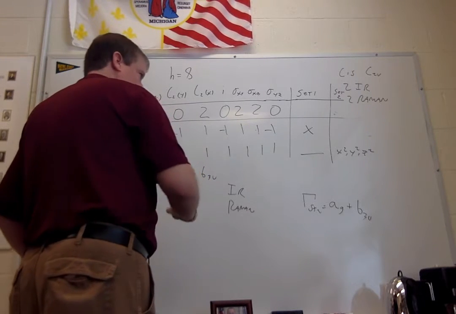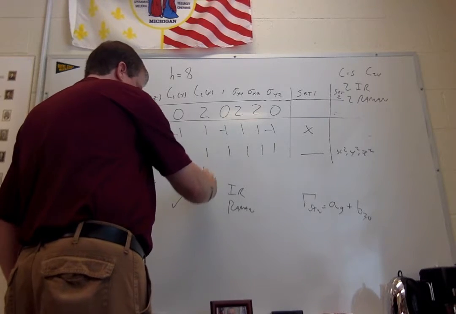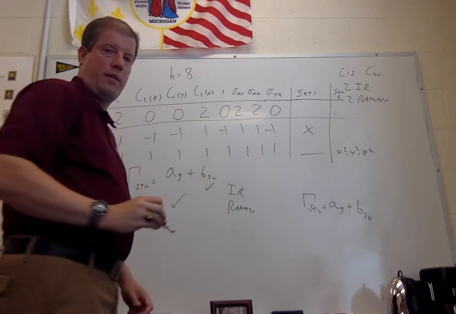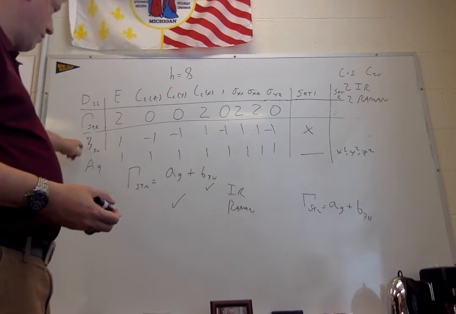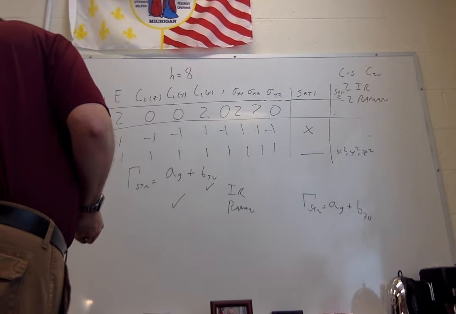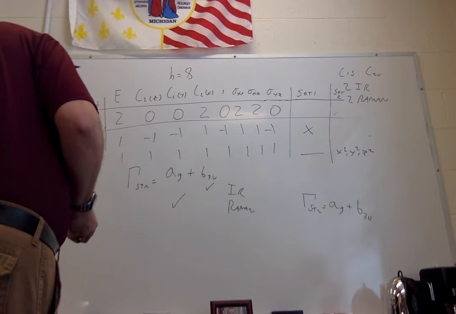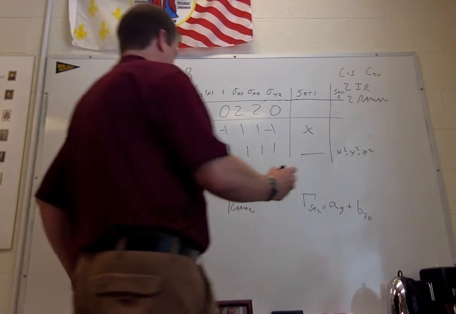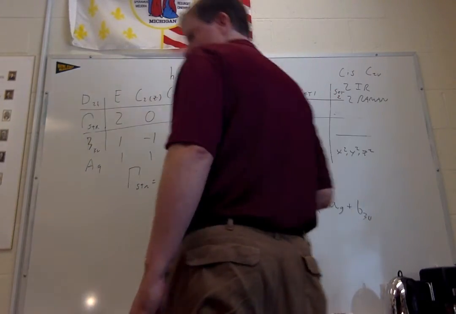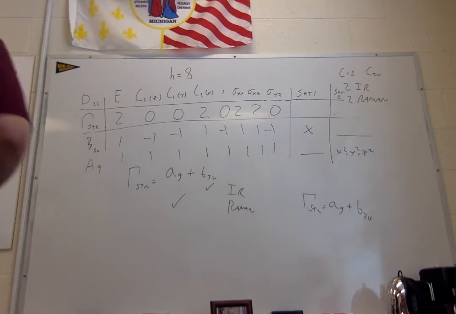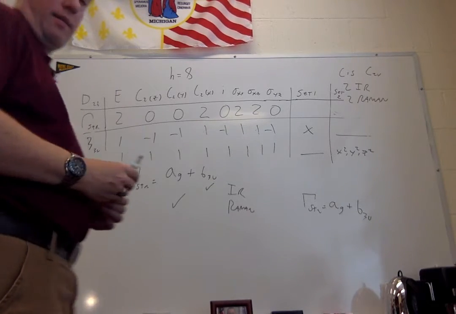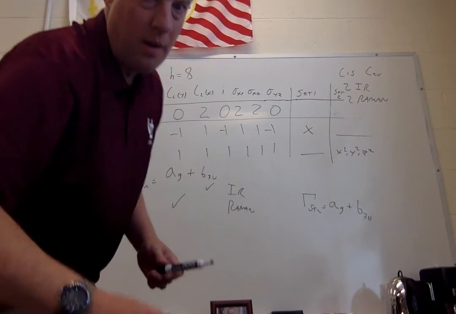Here, we have IR active because there's something in set 1 for B3U. There is, however, nothing in the Raman. It's blank. There's nothing in set 2 for B3U.